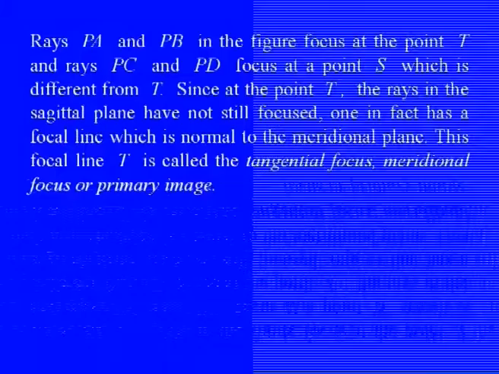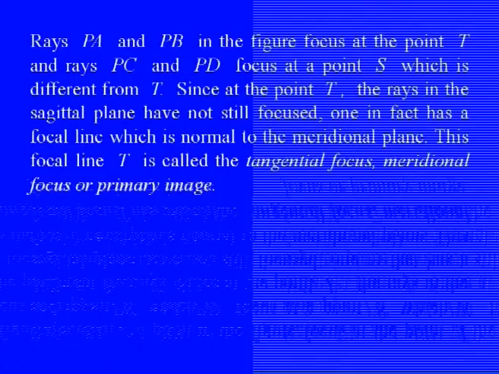Now, since at the point T the rays in the sagittal plane have not still focused, one in fact has a focal line which is normal to the meridional plane. This focal line T is called tangential focus, meridional focus, or the primary image.